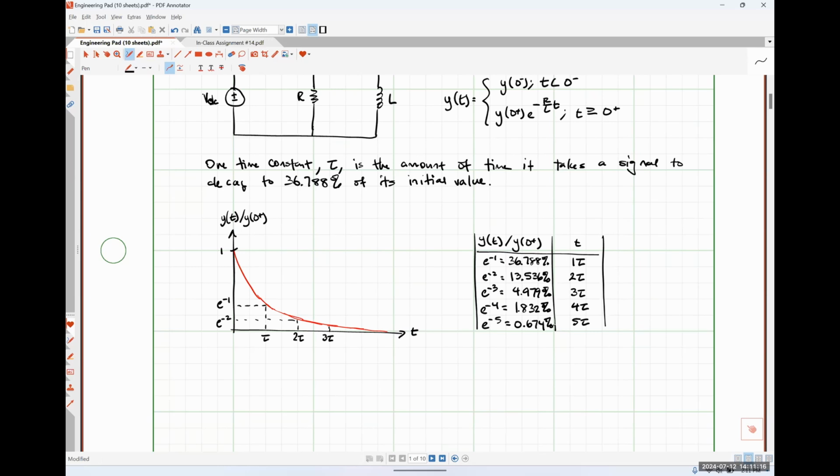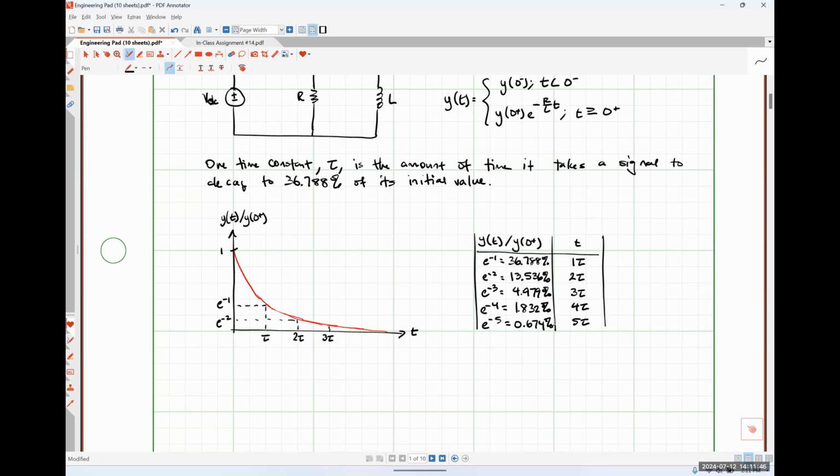So it takes a little less than 5 time constants for our signal of interest, doesn't matter whether it's a voltage or a current, doesn't matter whether it's in an RL circuit or an RC circuit, to decay to less than 1% of its original value.